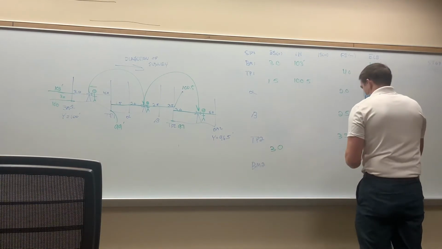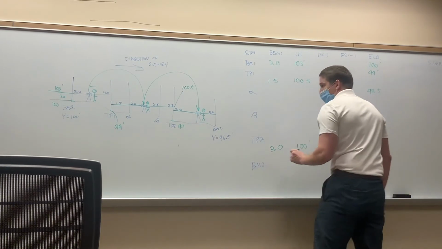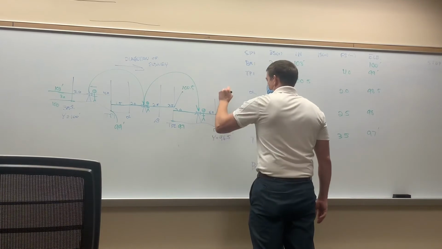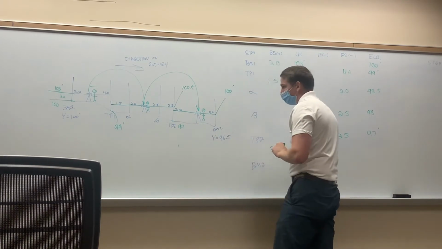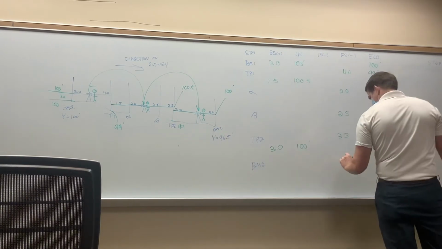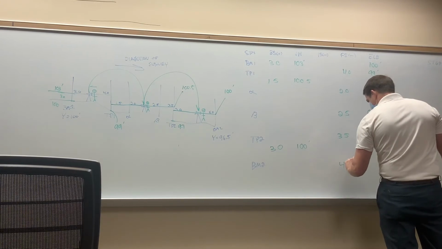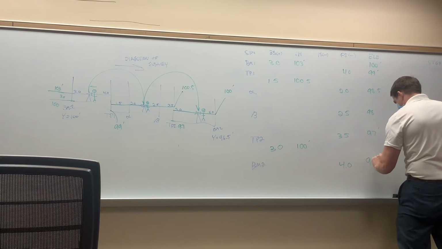And that means I have an instrument height of 100 feet. So this line is located at 100 feet. My benchmark 2 has a foresight of 4 feet. Resulting in an elevation of 96 feet.